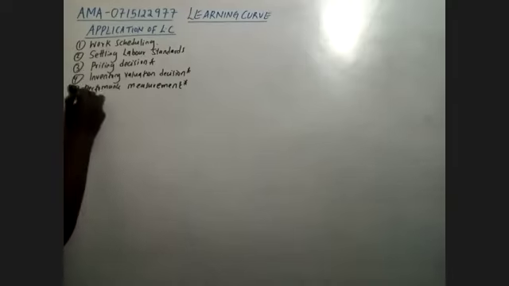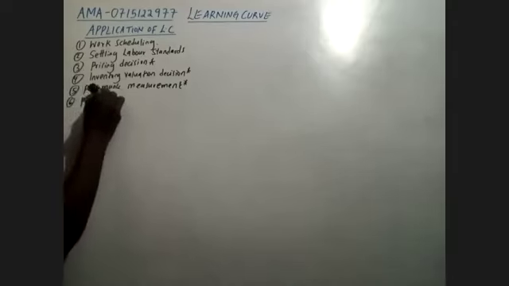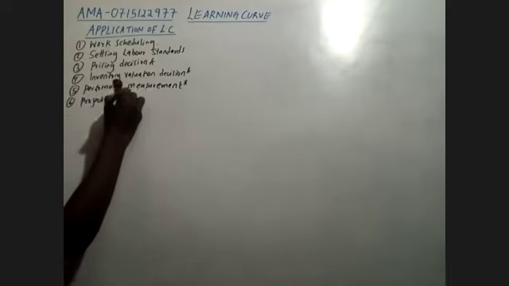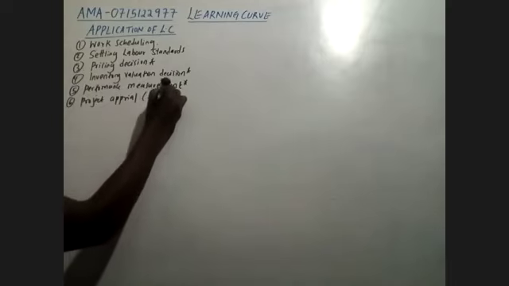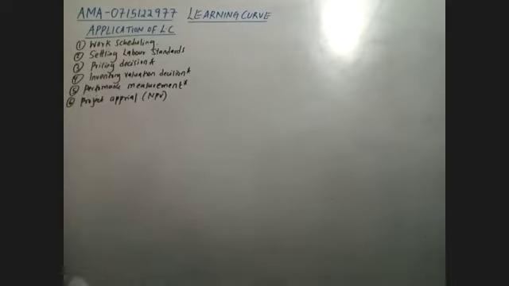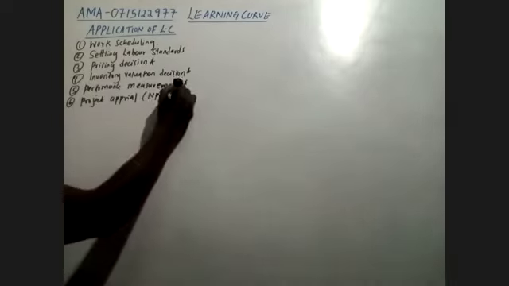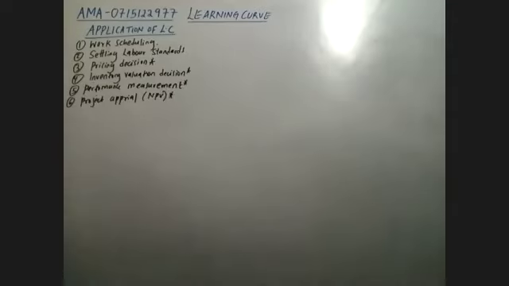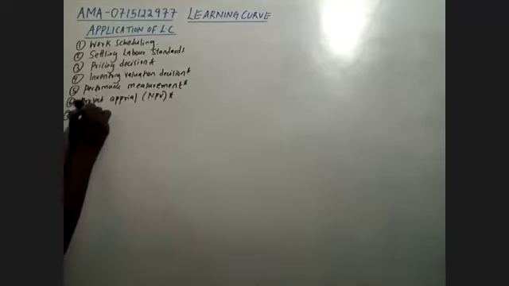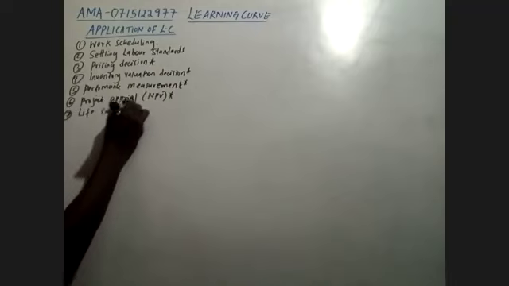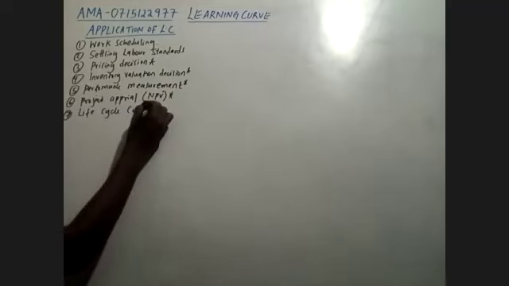Number 6, project appraisal. When you are doing NPV, you use the concept of learning curve. There are some questions concerning that one, and we shall also do them. Then life cycle costing, also a topic here.